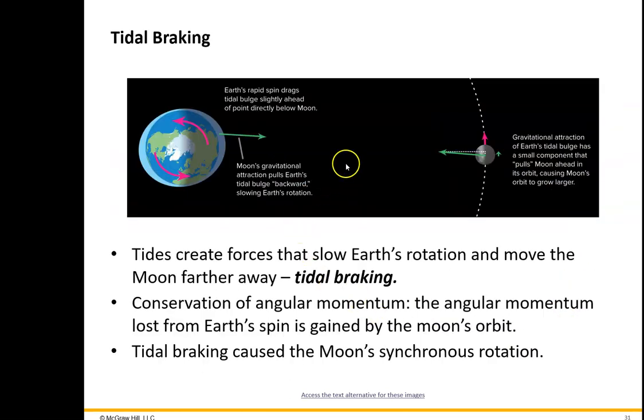All right. So this is the last little thing that we're going to have about the moon. I think we're just about done. This last thing is what's called tidal breaking. I mentioned a little bit about this in earlier videos.